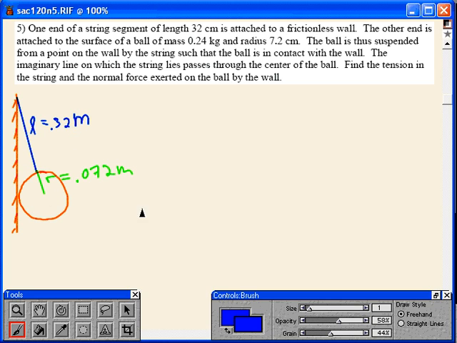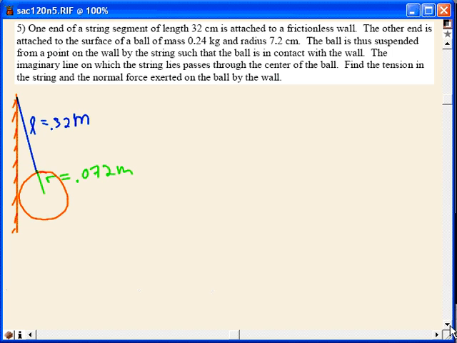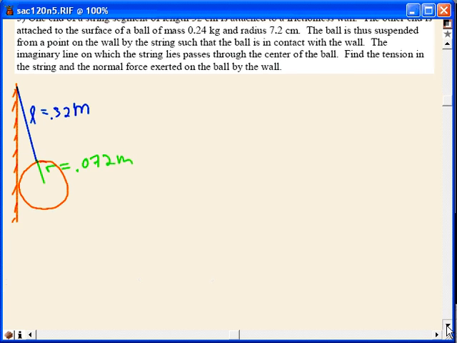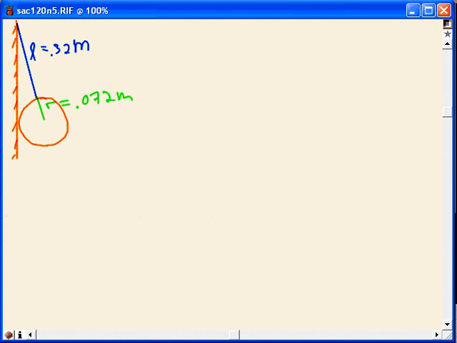Alright, that's our picture. We're supposed to find the tension in the string and the normal force exerted by the wall on the ball. Let's get a free body diagram of this situation. Here's the ball.